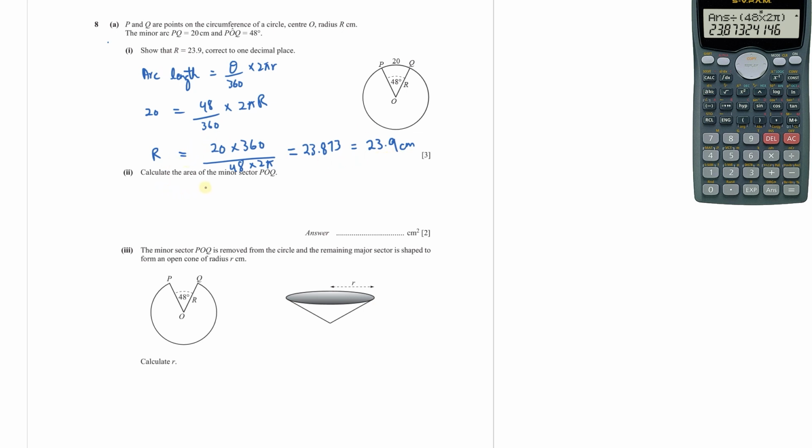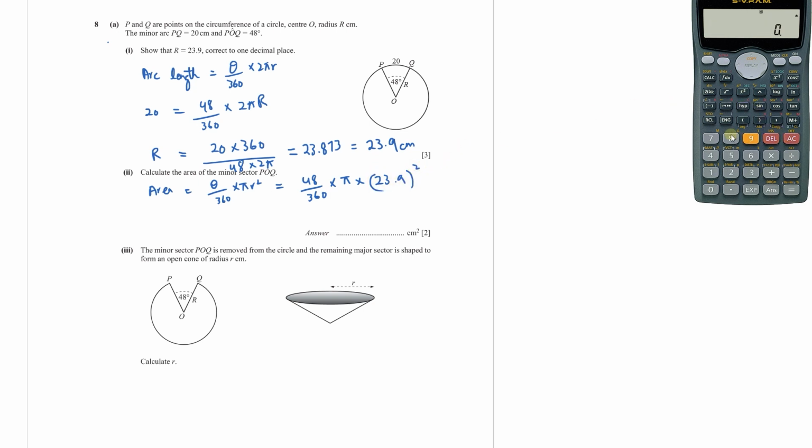Part 2 is calculate the area of the minor sector POQ. So the area will again be theta over 360 into pi r squared, which is 48 over 360 into pi into r, which is now 23.9 squared.